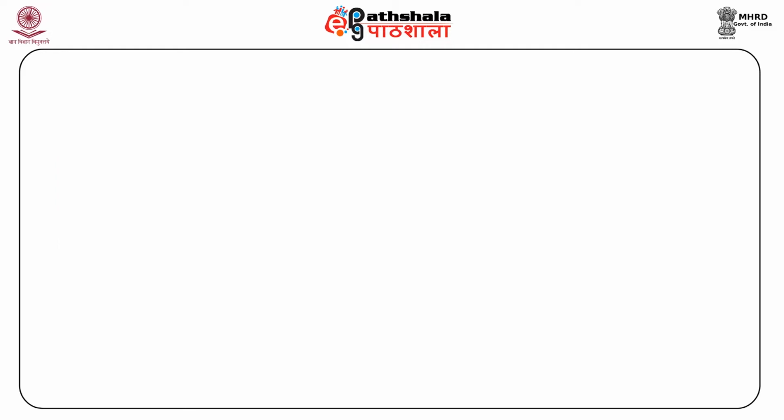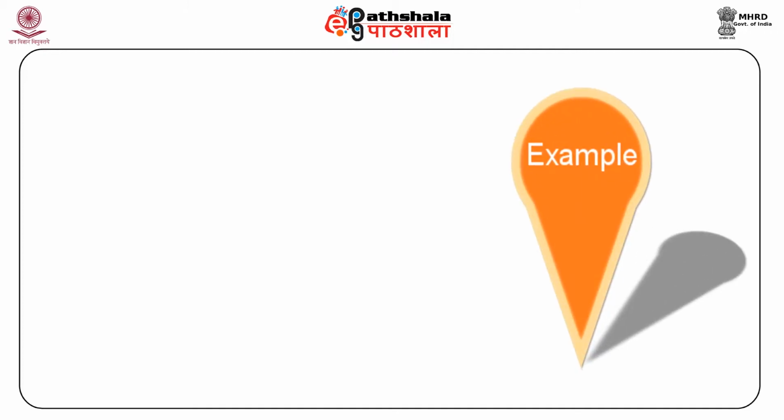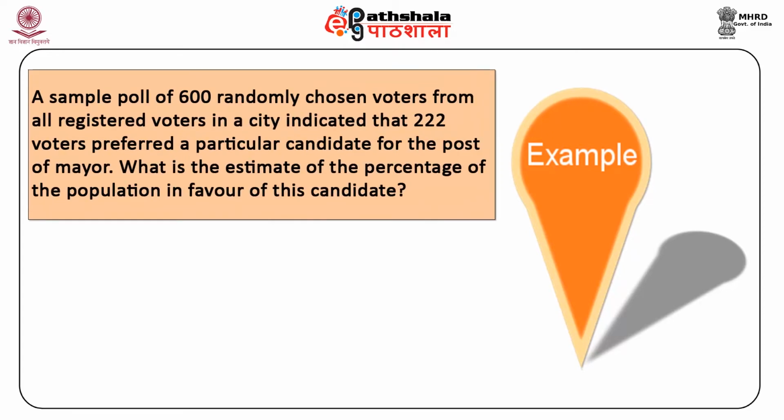This can be better explained with the help of an example. A sample poll of 600 randomly chosen voters from all registered voters in a city indicated that 222 voters preferred a particular candidate for the post of mayor. What is the estimate of the percentage of the population in favor of this candidate?